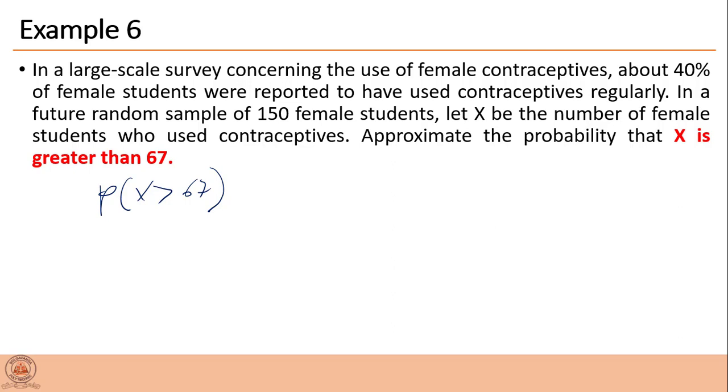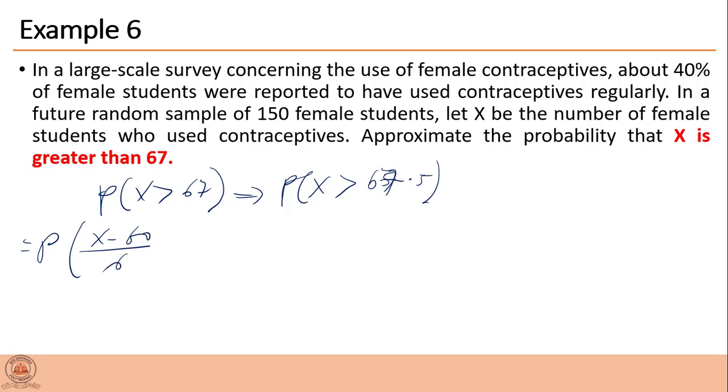So by the continuity correction, we simply have to add 0.5 to this, so that we get the probability of x greater than 67.5. This is what we need to do. So this equals the probability of (x minus 60) all over 6, our standard deviation, greater than or equal to (67.5 minus 60) all over 6.